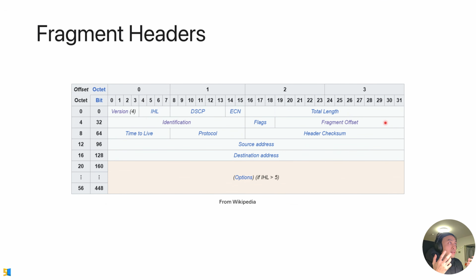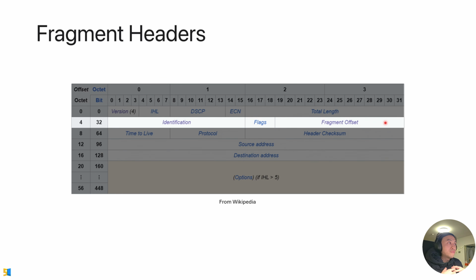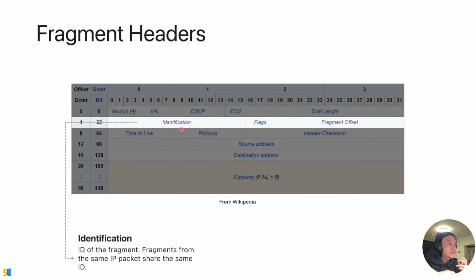So let's see. As I told you before, the second row of the headers manages everything about fragmentation. We have the ID, which is the ID of the fragment. So fragments share the same ID if they come from the same IP package.